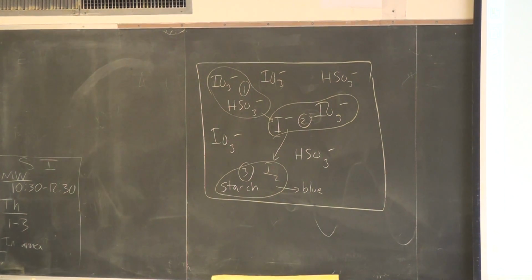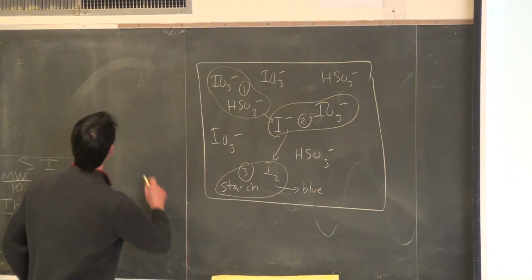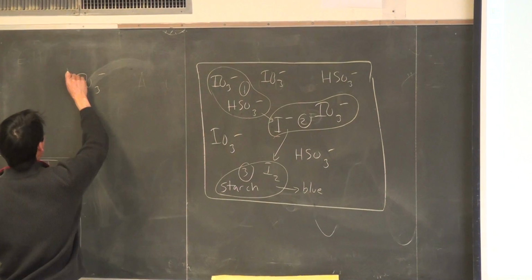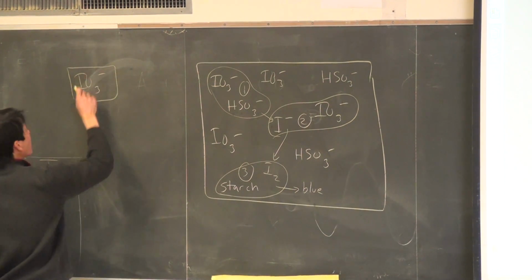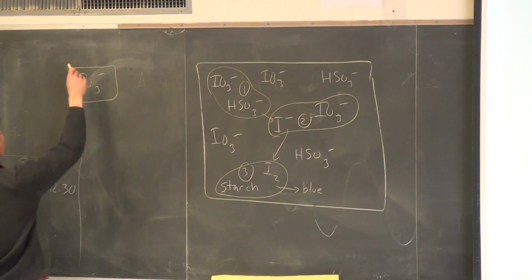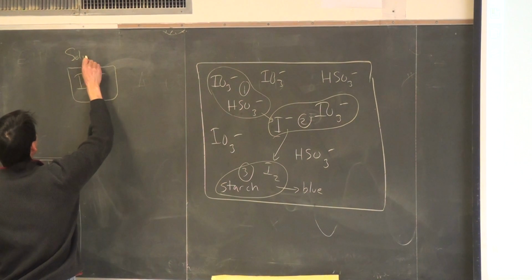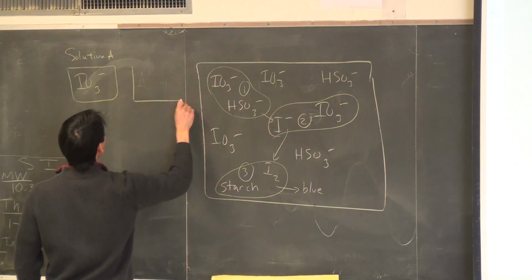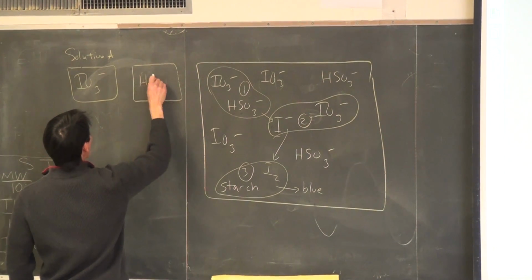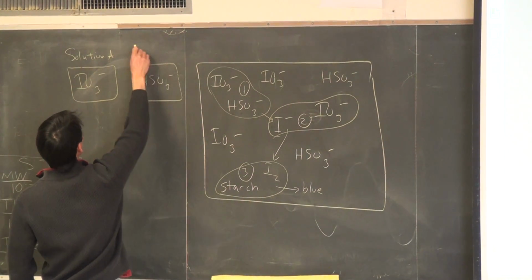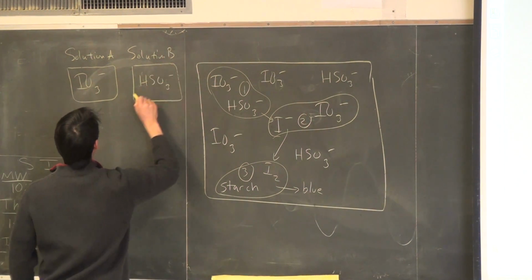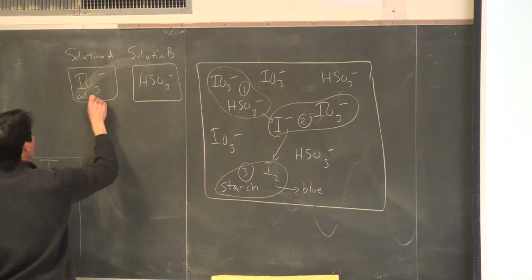Now I want to make it clear that when the IO3 minus reacts, you have an IO3 minus solution. In the lab, we're calling this solution A. And then this is going to be mixed with the HSO3 minus solution, which we're calling solution B. Both these solutions are colorless.